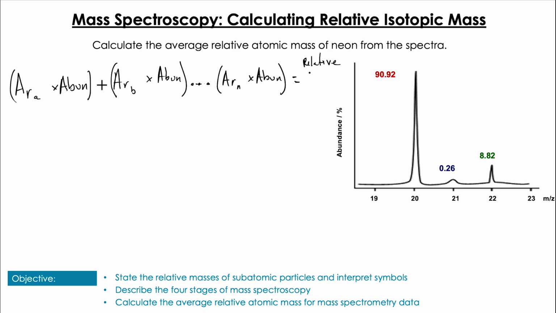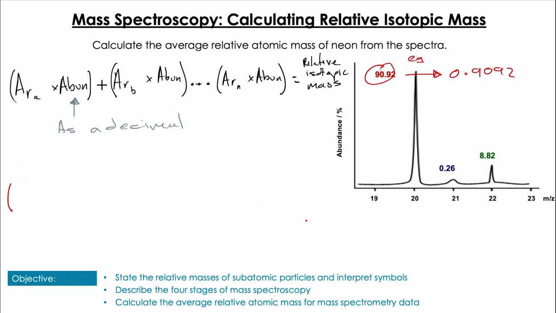It is also important to bear in mind when we're using this equation that when we say multiplied by abundance, we're talking here about the percentage abundance but given as a decimal. So we're going to have to convert all these percentages into a decimal value first. That would look like this. All we have to do is divide by 100.